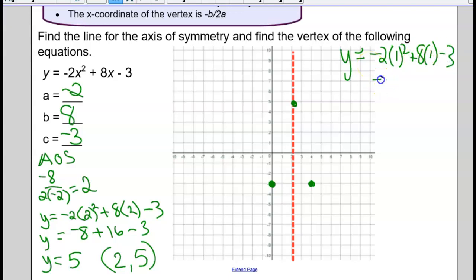Negative 2 times 1 squared is negative 2, plus 8, minus 3. Negative 2 and 8 is 6. 6 minus 3 is 3. Another point on this graph is 1, 3. And now I know the point that mirrors across the axis of symmetry, 3, 3. And this is enough information for me to make my parabola.